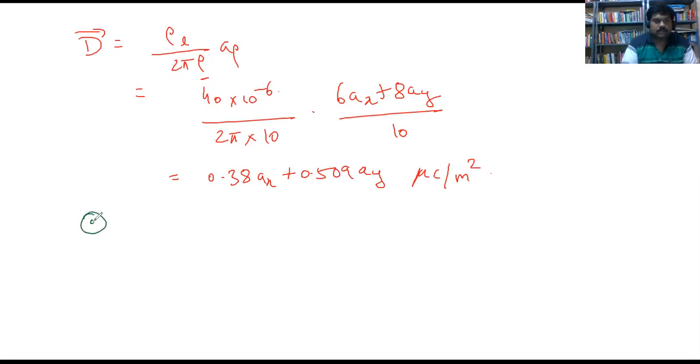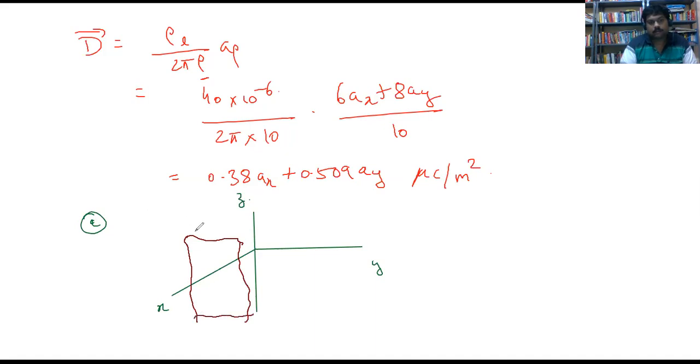So subdivision C, what does the subdivision C say? You have a coordinate axis, X, Y, and Z. You have a sheet, an infinite sheet at some particular place.